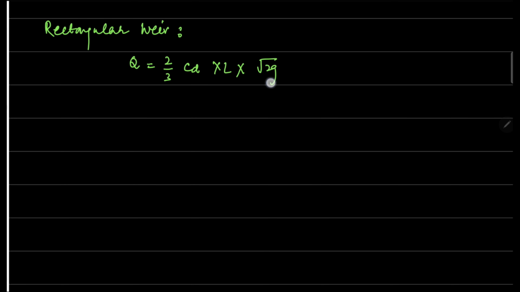First of all, let's take the case of the rectangular weir. The discharge equation can be written as Q is equal to 2 by 3 CD multiplied by L multiplied by under root 2g multiplied by h raised to the power 3 by 2.